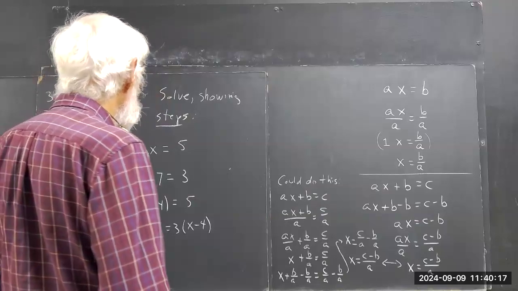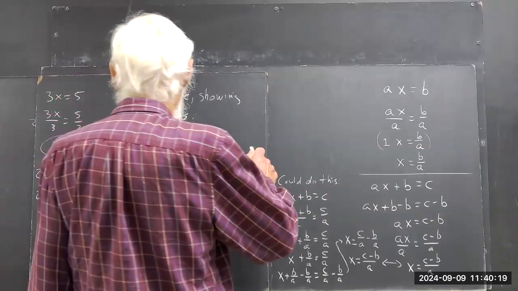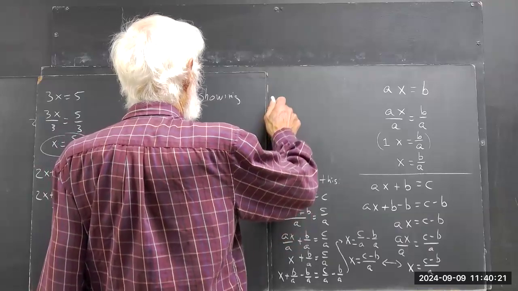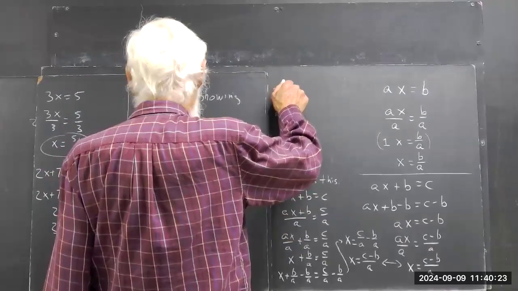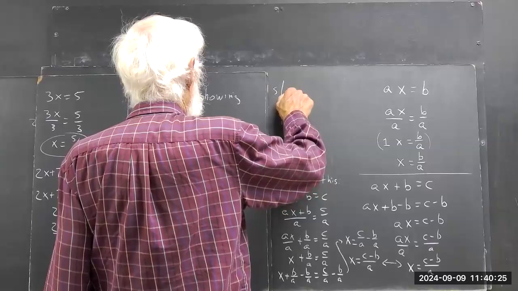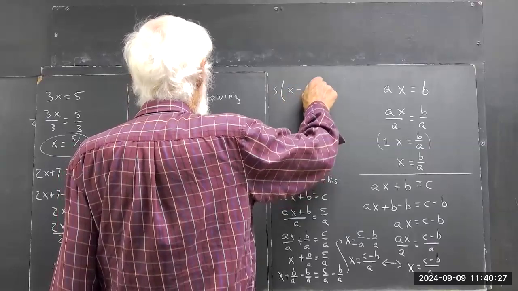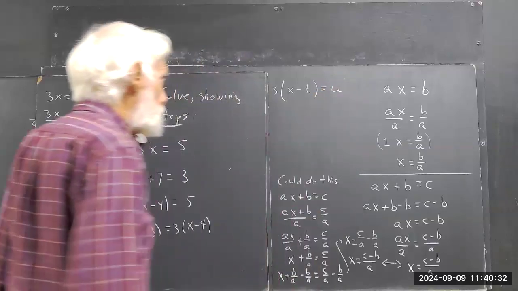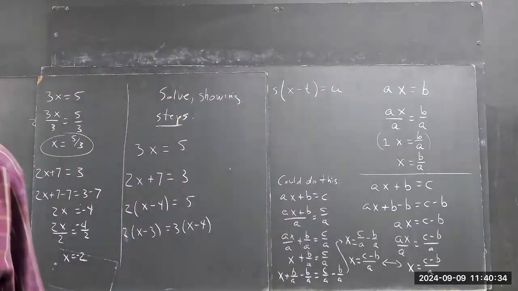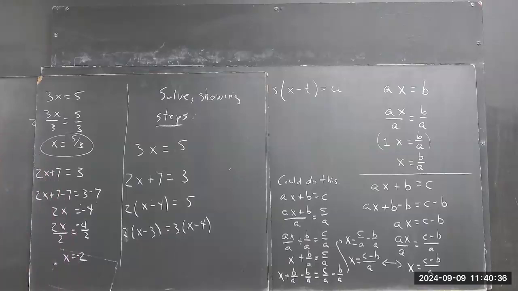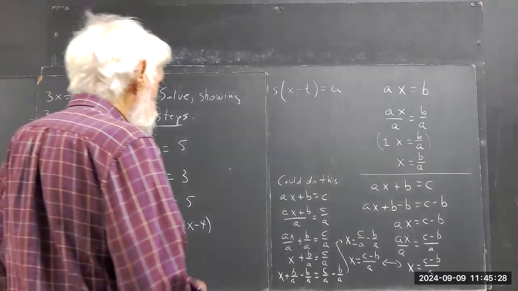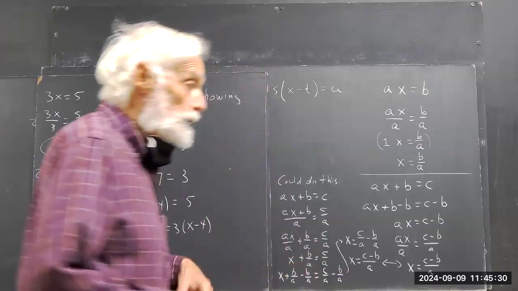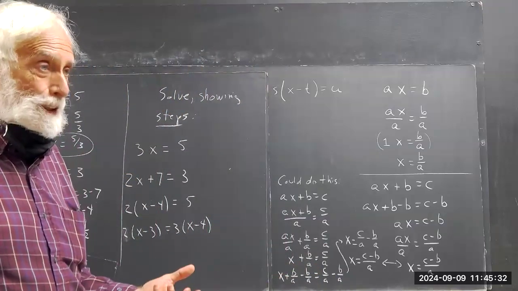Okay, so let's try another one. Let's try some different letters. Let's try S times X minus T equals U. Okay, so this one is fairly straightforward, and everybody more or less got it right.